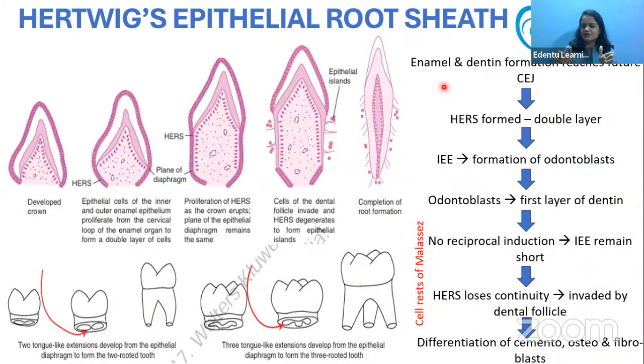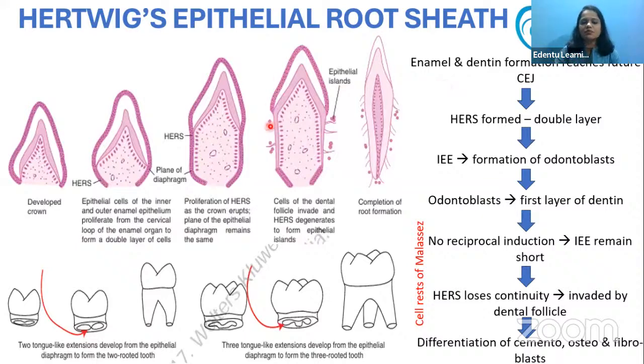Once the dentine is formed, the continuous sheath of Hertwig's epithelial root sheath is cut off, and the continuously proliferating dental follicle cells infiltrate into it. The dental follicle cells get differentiated into cementoblasts, osteoblasts, fibroblasts, and all those cells, and they start forming the other structures seen in the root part of the tooth, that is the periodontal ligament, cementum, and the alveolar bone.